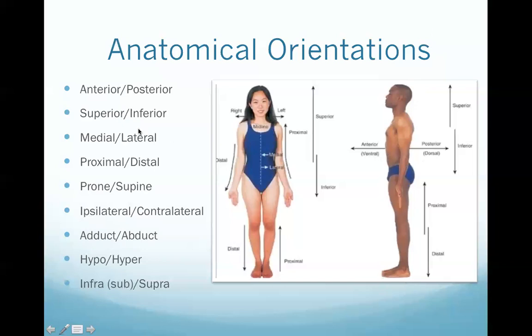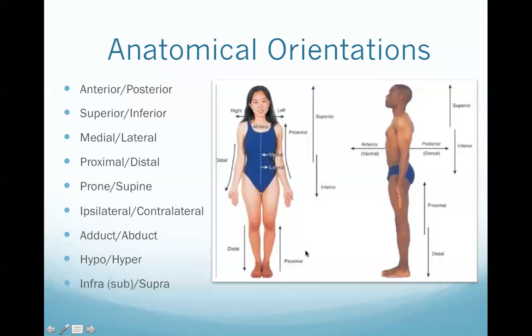On the lady, we can see the terms medial and lateral. Medial meaning to the center or middle, medial meaning middle, and lateral meaning to the side. So the belly button is medial and the arms are lateral to the belly button.